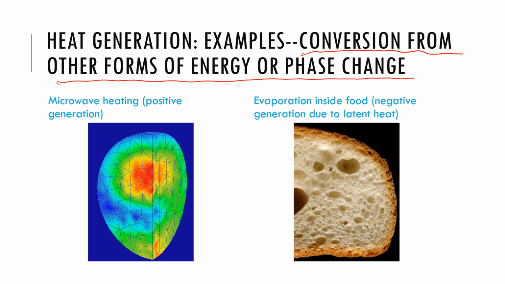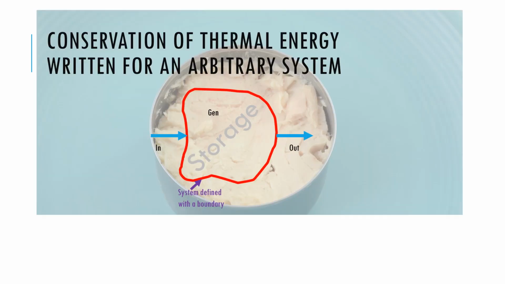If water changes from liquid to vapor, then it's taking away some of the heat. So it's a negative generation and it's happening because of latent heat. These are just two of many examples of what we mean by the heat generation term.